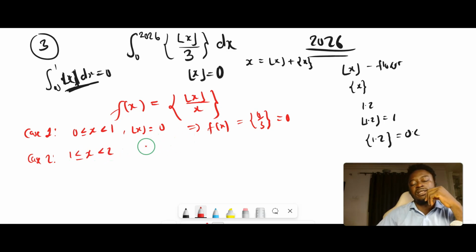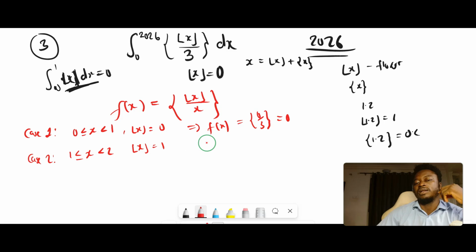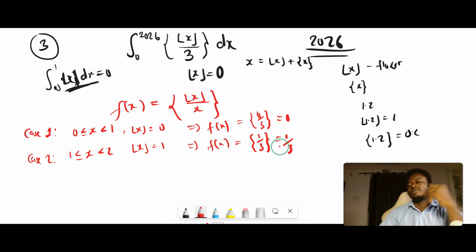Here the floor of x would equal 1, and f of x is the fractional part of 1 over 3, which is still just 1 over 3. So on this interval, f of x is 1 over 3.